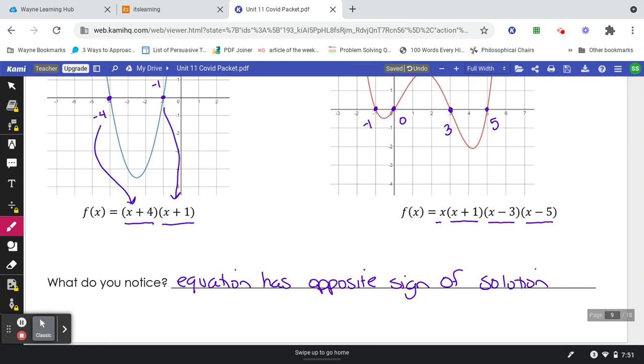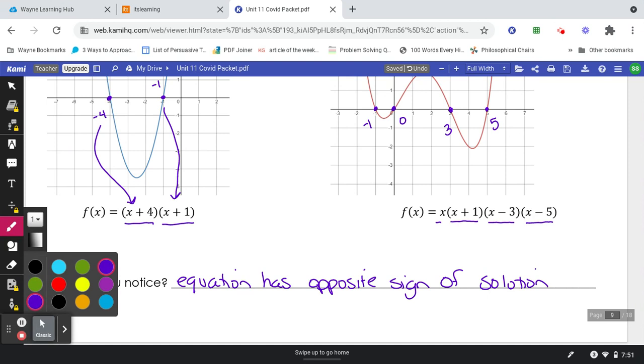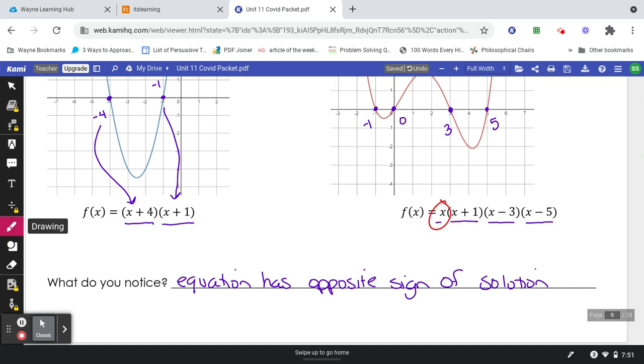And the -1 becomes x plus 1. Over here, this x right here, I'll change the color of this so you can see it a little better. This x right here is representative of that 0. That's the same as having x minus 0. All right, so all we have to do when we write the equation is just change the sign over. And if it's a 0, you could just write an x.